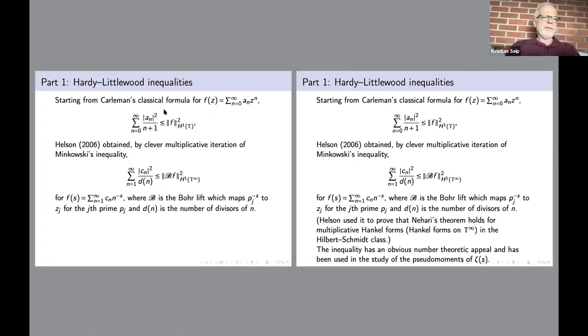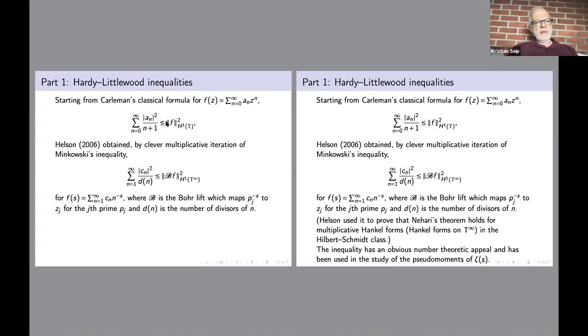Then we have the following bound for the square sum of the coefficients with this weight, with constant 1. What this says in terms of Bergman space is that to the left you have the square of the Bergman space norm of the function, and to the right you have the square of the H^1 norm of the function.